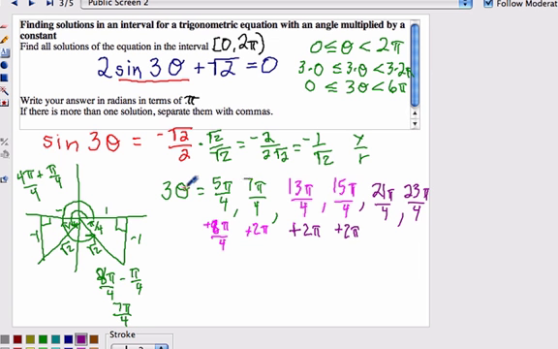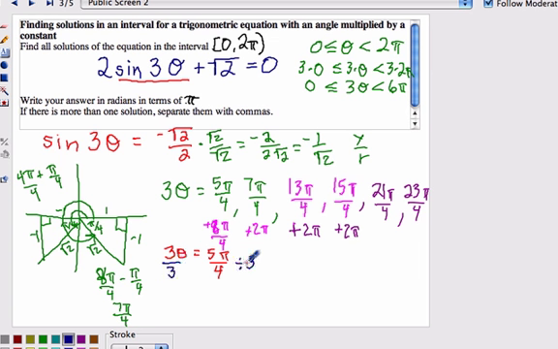Now this is what 3 theta would equal. So what I want you to think about is if I had 3x equals some value, so just look at these two right here, how would I solve that? If I just had 3 theta equal to 5 pi over 4, and I asked you to solve this for theta, I would multiply, or divide both sides by 3, right?